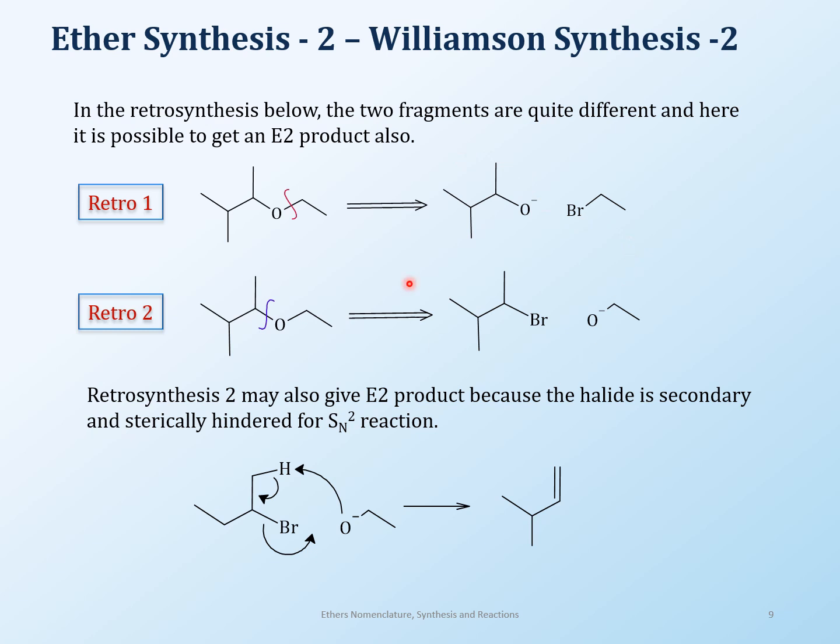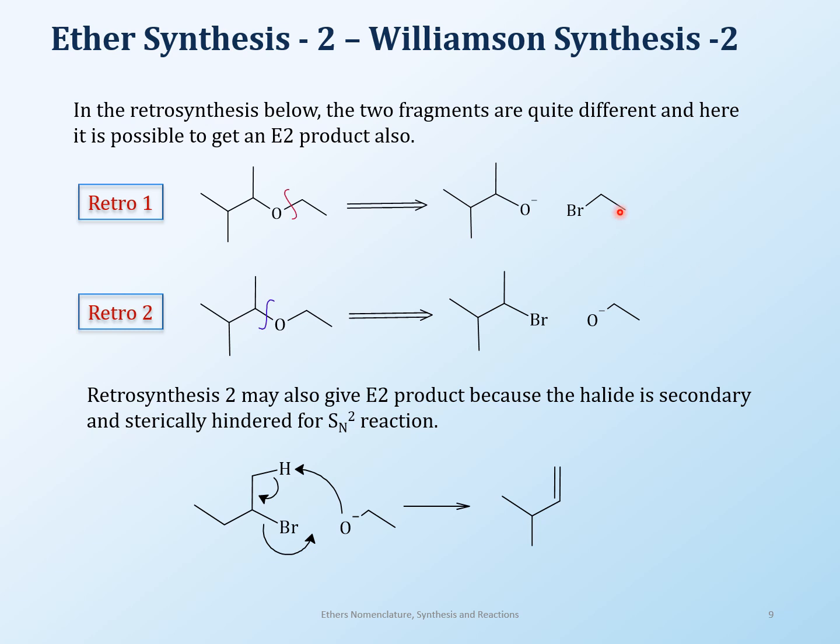Now, when you compare these two, things are a little bit different. Why? Because in the first retrosynthesis, you have a primary halide, but in the second retrosynthesis, you actually have a secondary halide, and it is quite sterically hindered. The nucleophile is small, it's not really huge, because sometimes when you have bulky nucleophiles, they have a hard time getting to the electrophile.